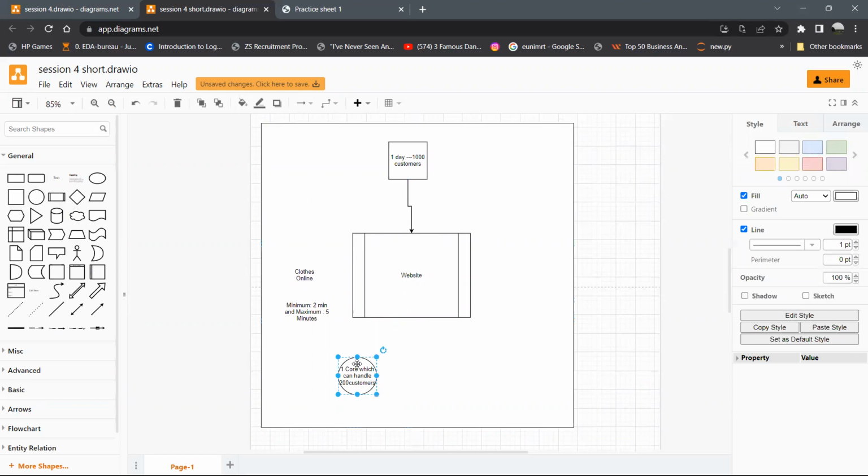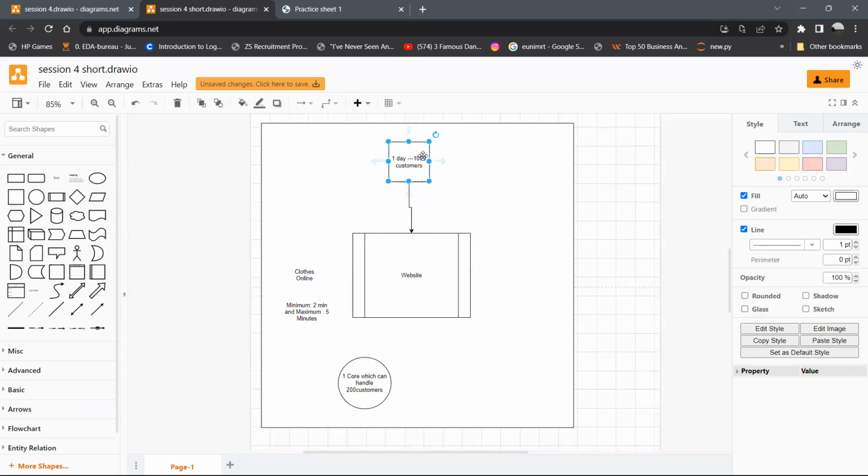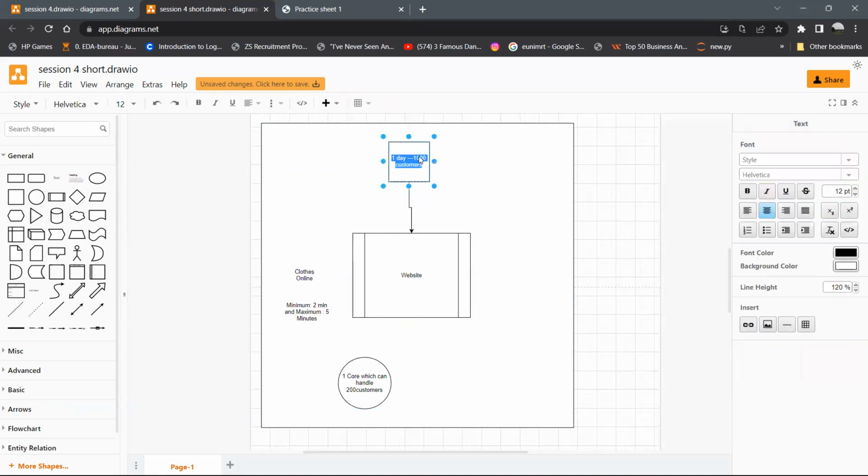Okay, so now the website owner wants to know if he wants to serve all these 1,000 customers, okay, initially, how much time he would be taking. So one core can handle 200 customers. Okay, that means you have to use this core 5 times for 1,000 customers.